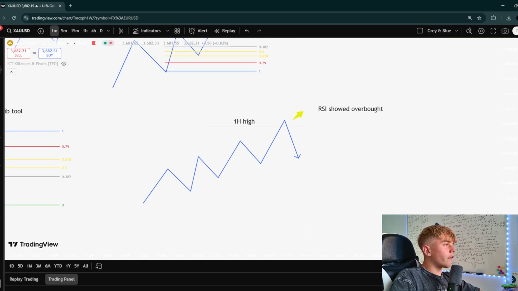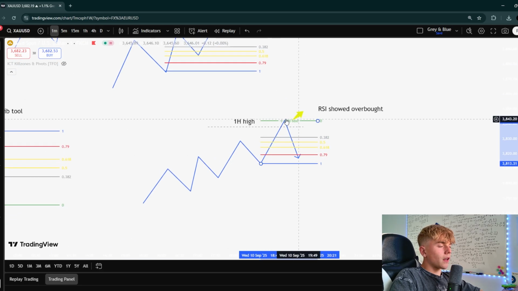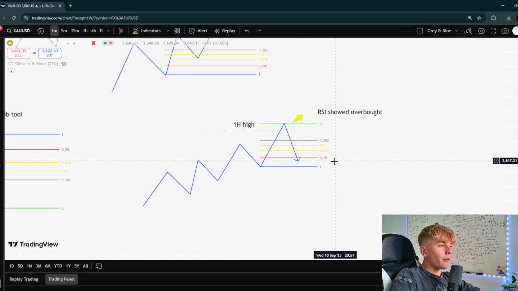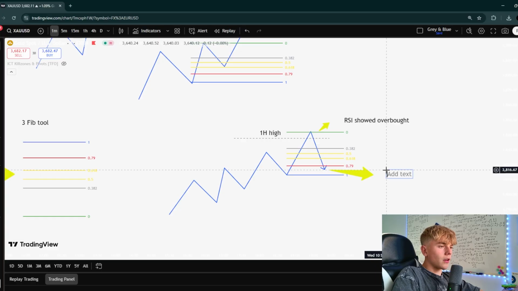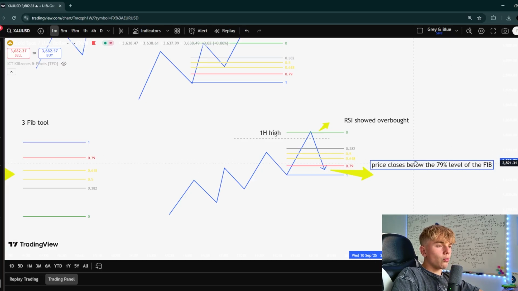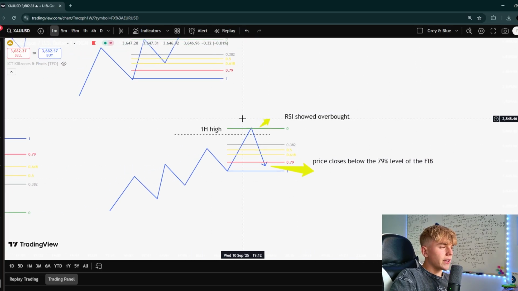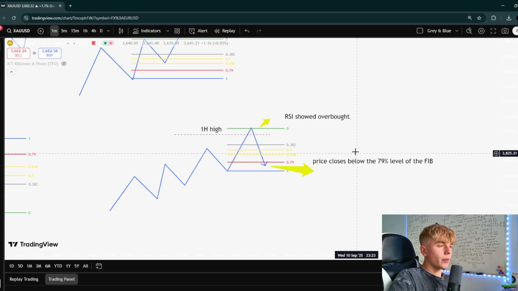Then we draw our fib tool from the bottom of the previous low to the top of the previous high, and we see price closes below the 79% level of the fib. All of a sudden, we now have 3 good confluences that price is going to reverse.